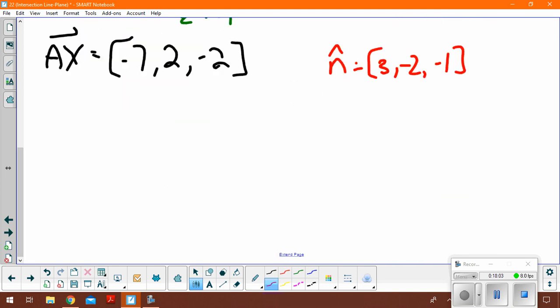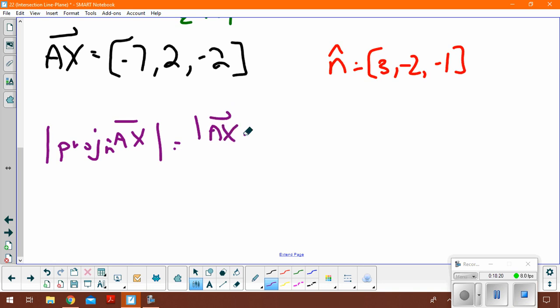Again, we're still going to use that same little shortcut we had from the last lesson. So I want the magnitude of the projection of AX onto the normal. And that's going to be the magnitude of the dot product between those two things over the magnitude of the normal vector. So we'll start with the magnitude of the normal vector.